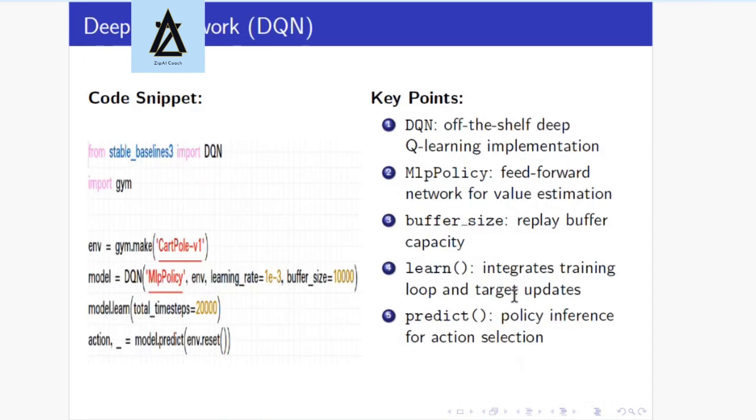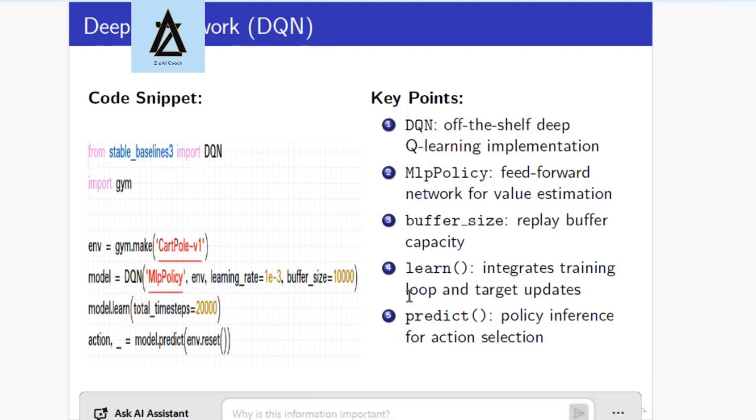Similarly, deep Q-learning. Here also these are the key points. We can use these functions: MLP policy, then specify the replay buffer size, then learn, then predict. This is the code snippet.